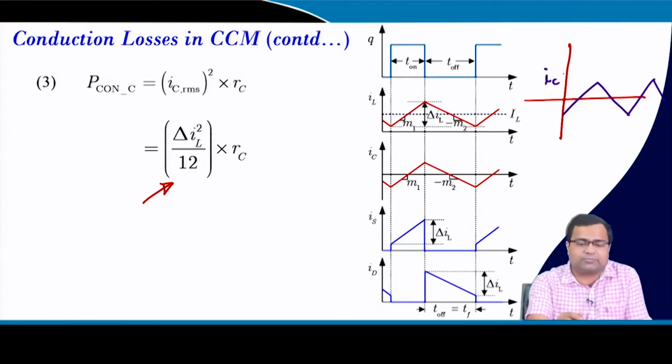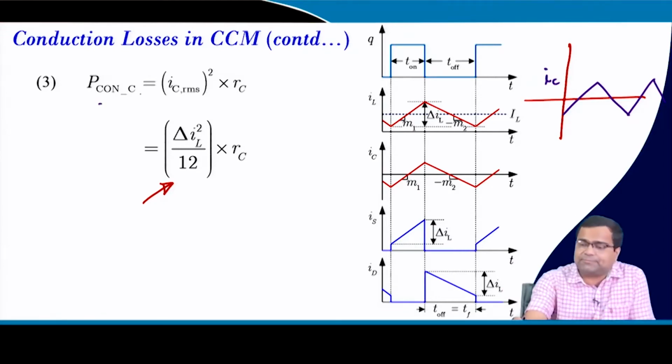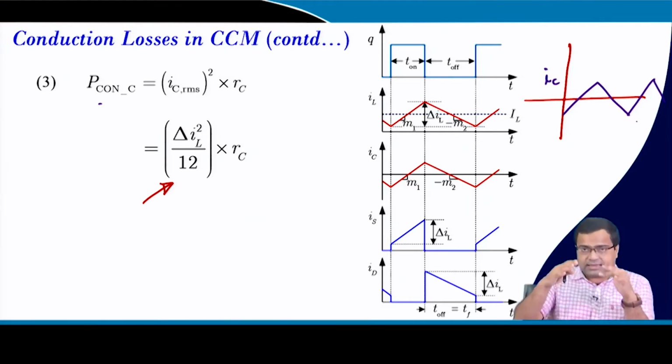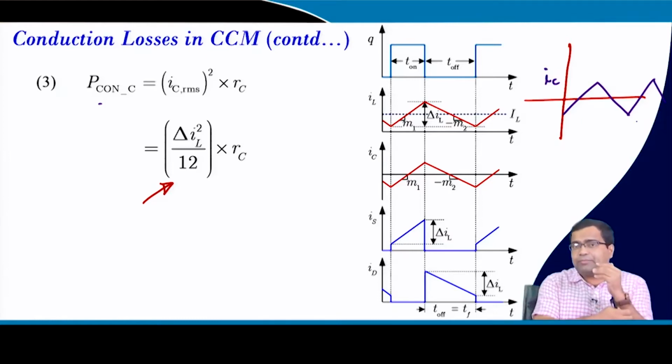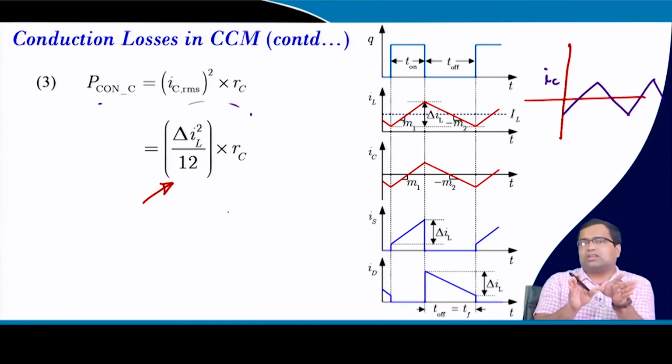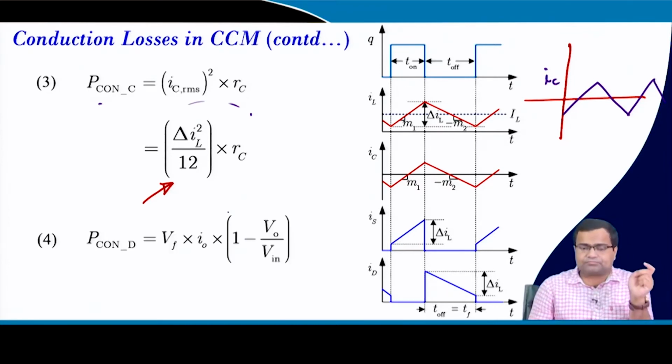Under synchronous configuration, if you continue to operate the converter in CCM mode, as I said in PWM dimming, you want to turn the LED on and off very fast. So, you may need to operate in CCM continuously, and in that case this loss may not be very low when you are talking about an almost no load condition.